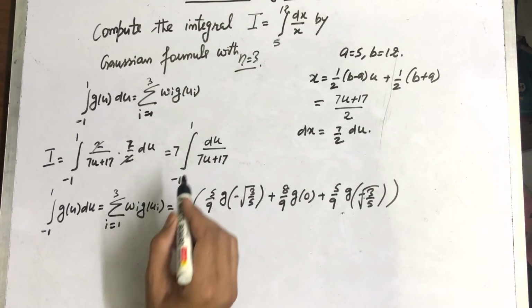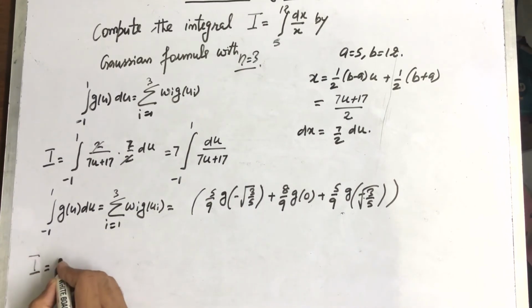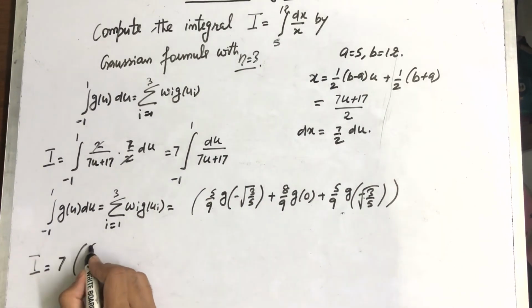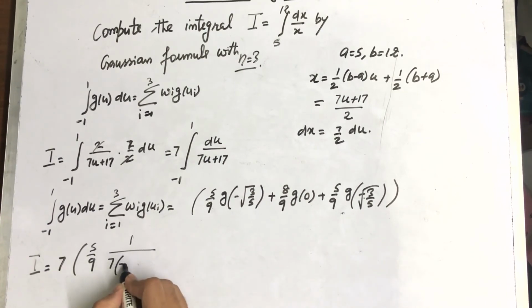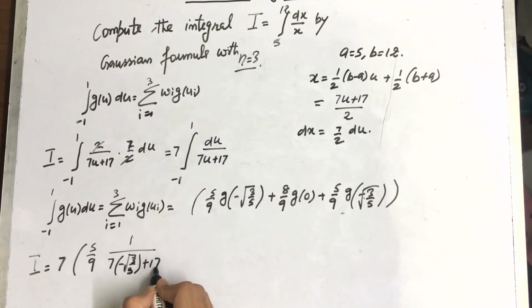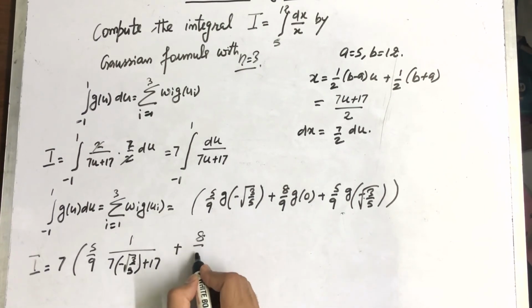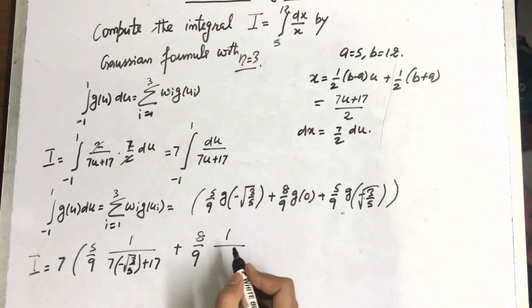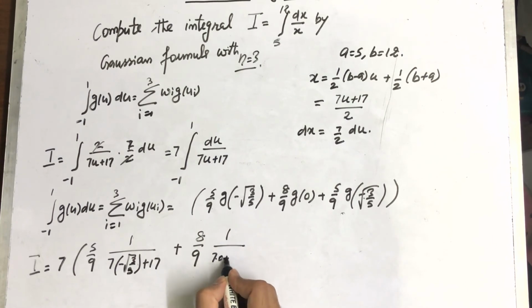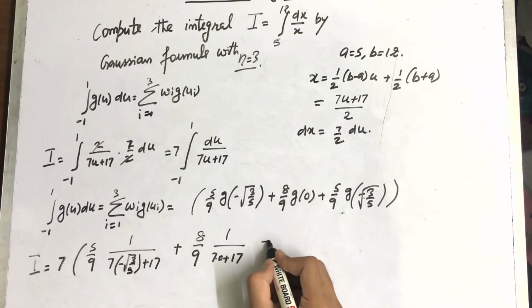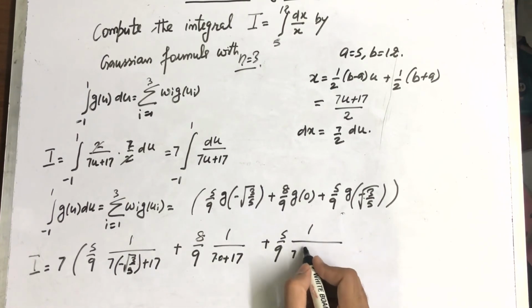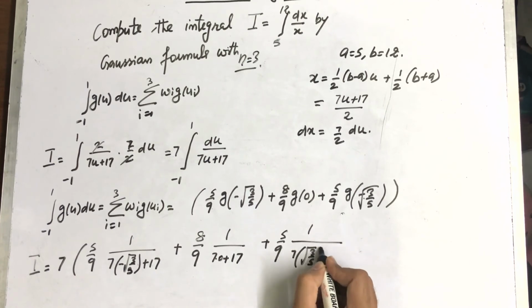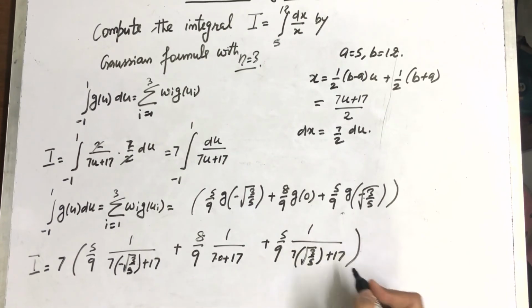And putting this formula here, it will look like 7 into 5 by 9 times 1 upon 7 into minus root 3 by 5 plus 17, plus 8 by 9 times 1 upon 7 into 0 plus 17, plus 5 by 9 times 1 upon 7 into plus root 3 by 5 plus 17.